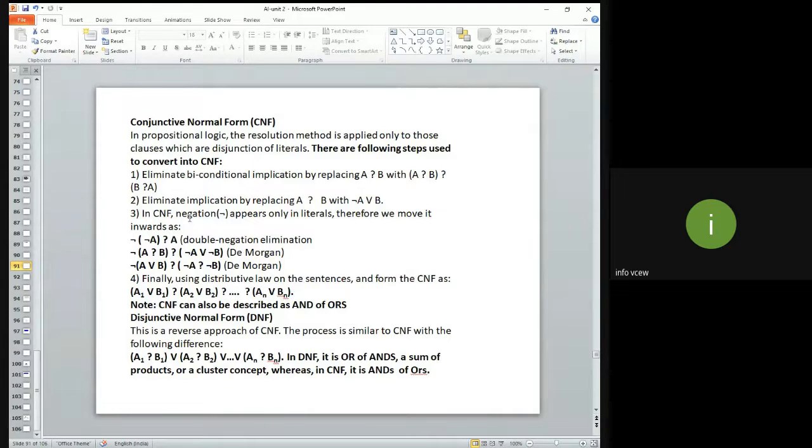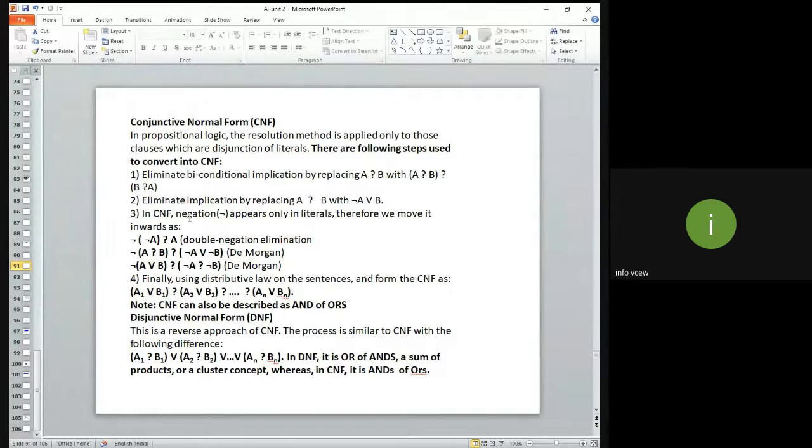A is one statement and B is another statement. A → B and then B → A. Any one of the statements you want to find. That is the first step.